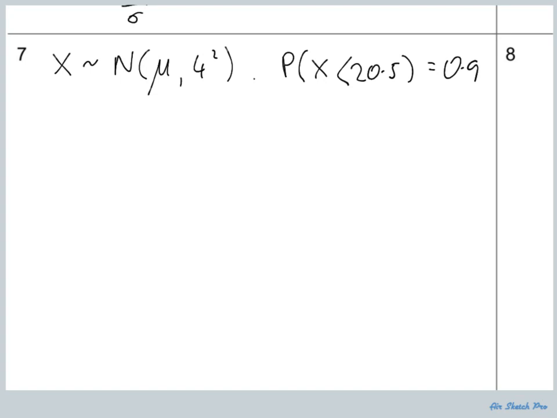Now this time, because we've already got x less than, we don't have to find the complement or anything like that. So let's get straight into it. So z is equal to x minus the mean over sigma. Sorry, over sigma, not sigma squared. It doesn't hurt to put the formula down until you've got it right in your head, I reckon.